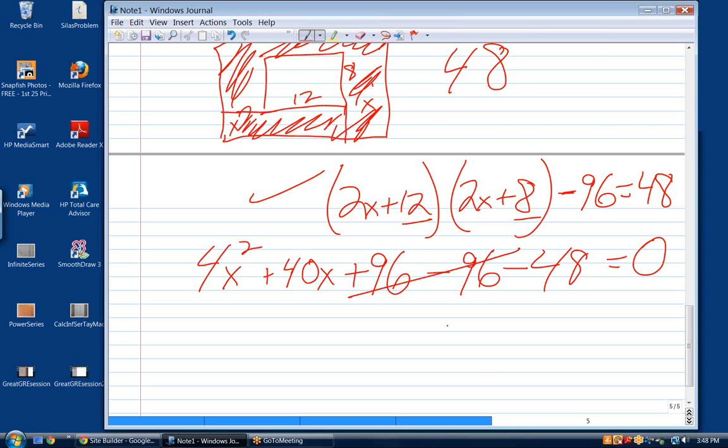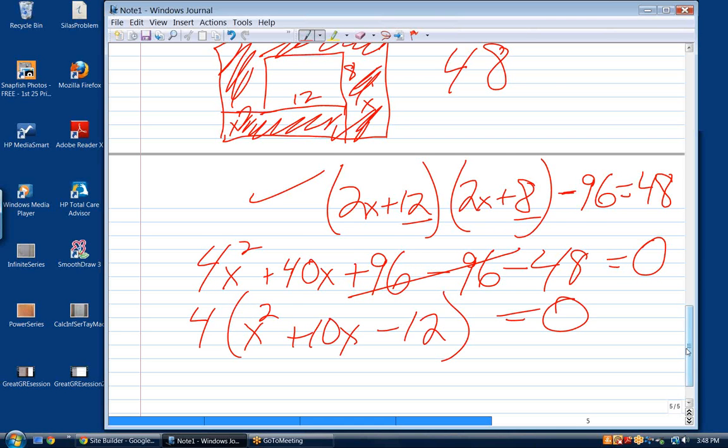The 96's cancel. Now what can I do to simplify it a little bit for factoring purposes? You could pull out a 4. Okay. So 4 times x squared plus 10x minus 12 equals 0.